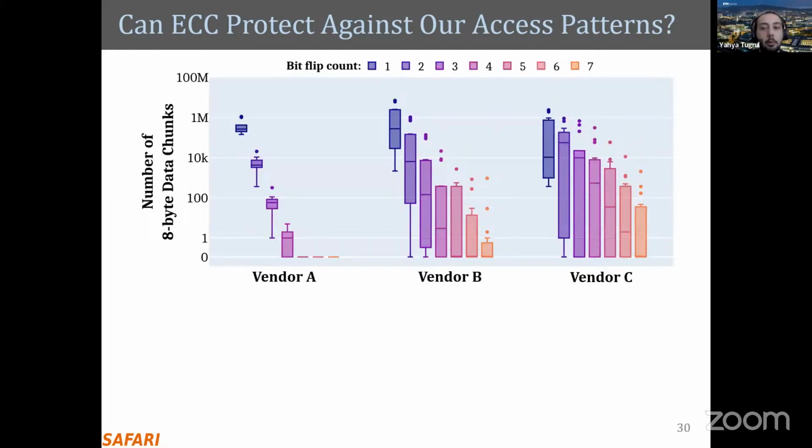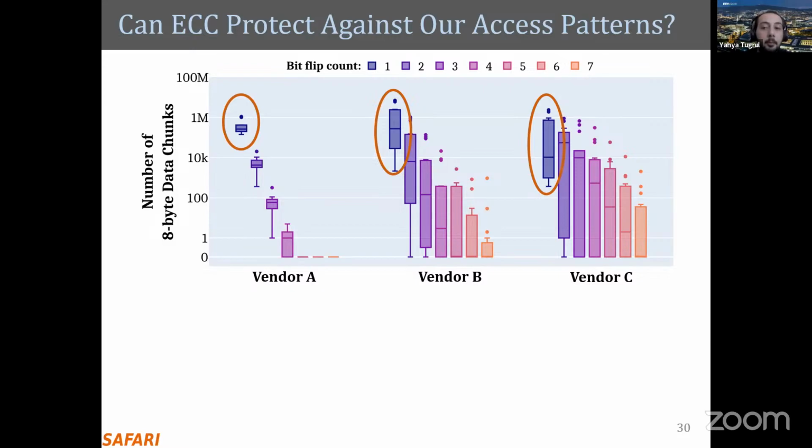This plot shows, individually for each vendor, the distribution of 8-byte data chunks that have 1 to 7 bit RowHammer bit flips. As we can see, the majority of the data chunks are those that have only a single RowHammer bit flip, which can be corrected using a typical ECC.